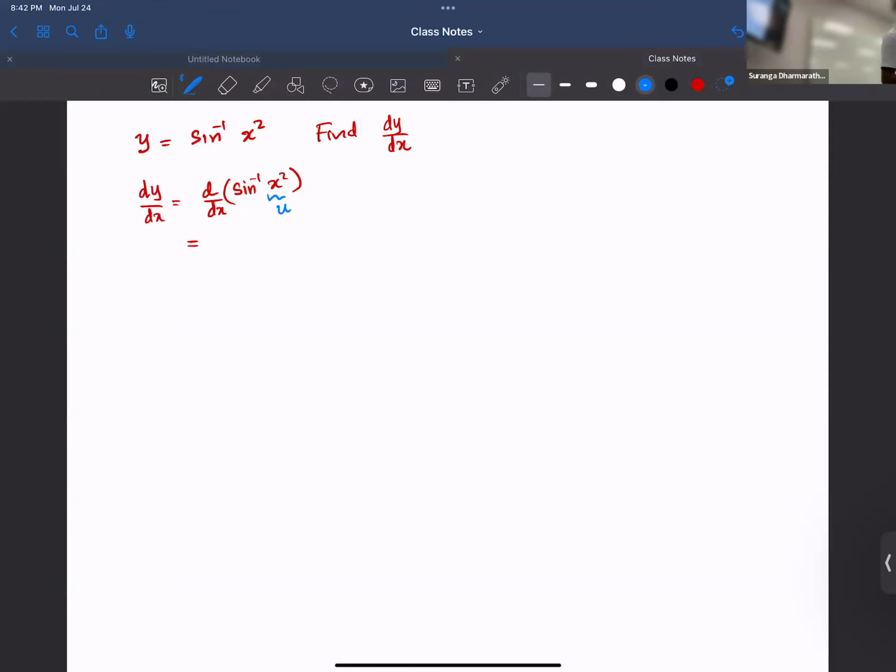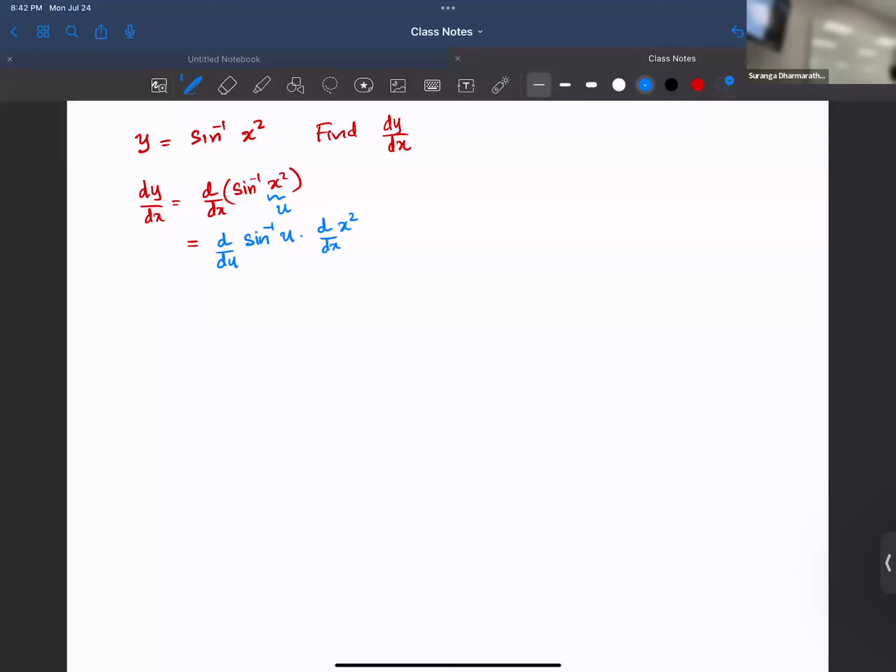Then you can write d over du of sine inverse u times du over dx. That's the chain rule.